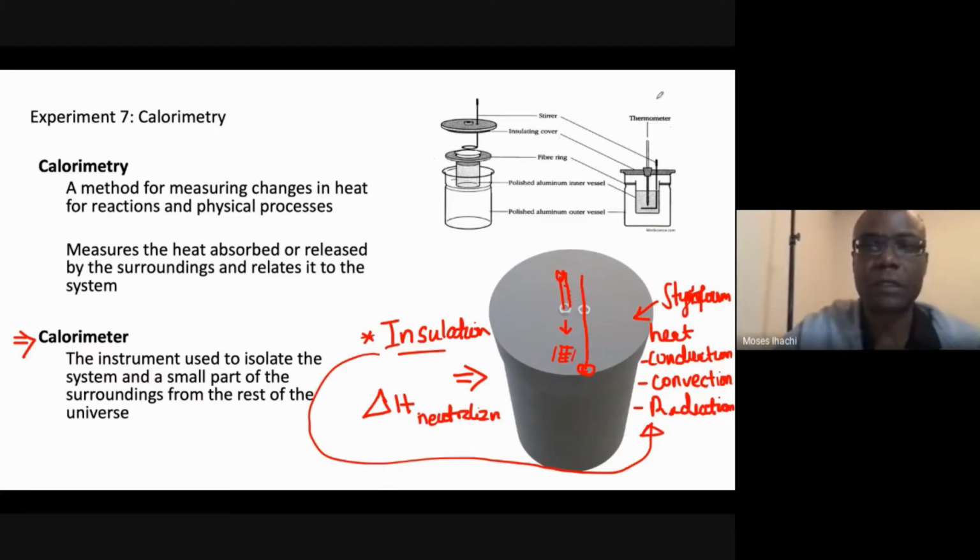So the setup will be as above. You have a thermometer, you have a stirrer, and you have your water in there, which is the surrounding. And then you're going to have your reactants, which will be the system. For example, HCl and sodium hydroxide, or sodium hydroxide and acetic acid, that will be the system. The solvent will be the surrounding.